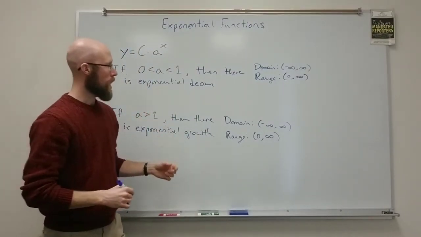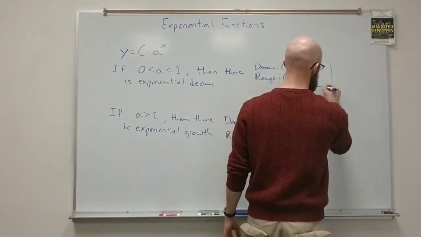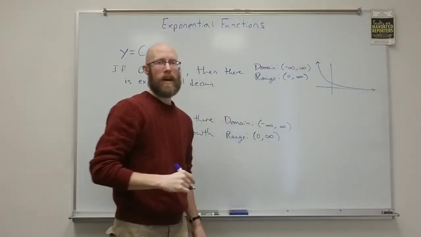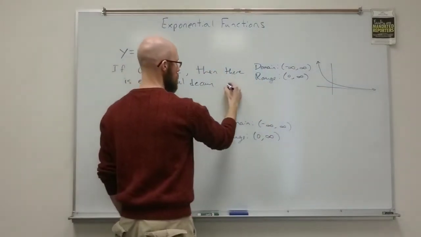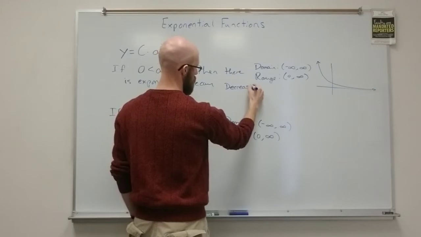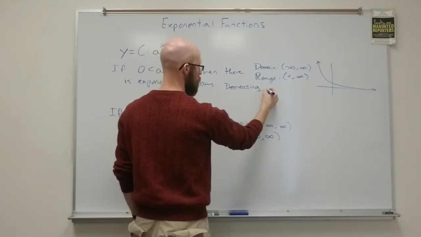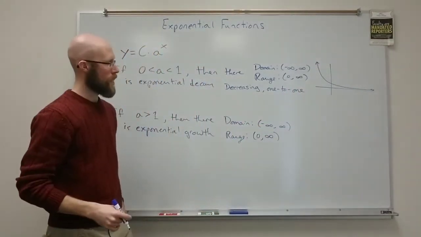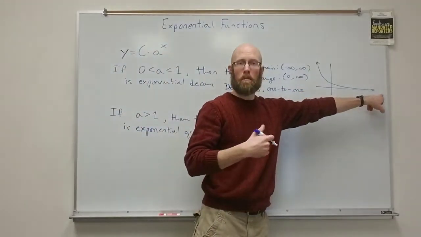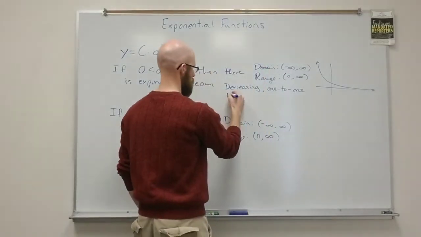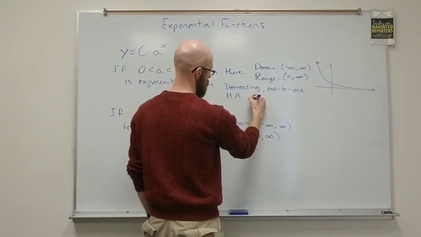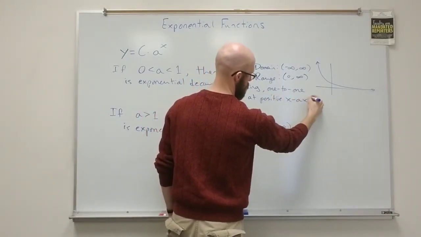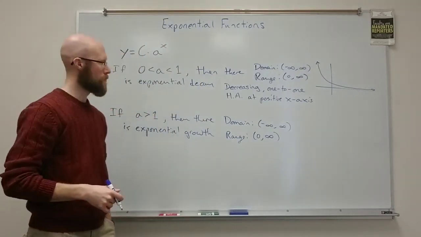With the exponential decay, we saw that it was a decreasing function, okay, and it was 1 to 1, so it's decreasing. We know that it is a 1 to 1 function, and it has a horizontal asymptote at the positive side of the x-axis.